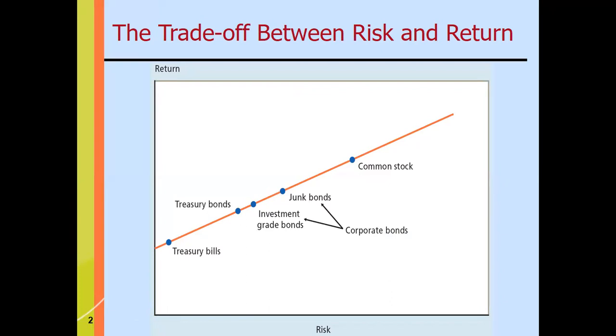Again, that's direct. Now, this particular graph shows us again that the risk is found on the x-axis while return is found on the y-axis. Of course, you know this from mathematics. And then we can notice that the graph here is upward sloping from left to right.